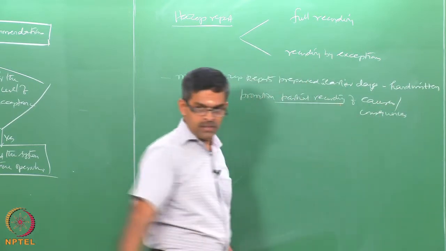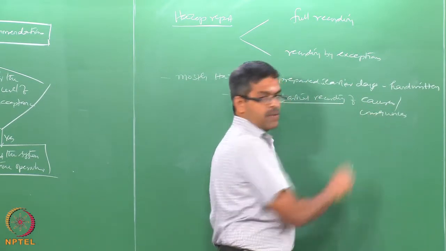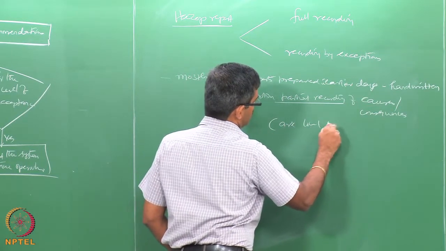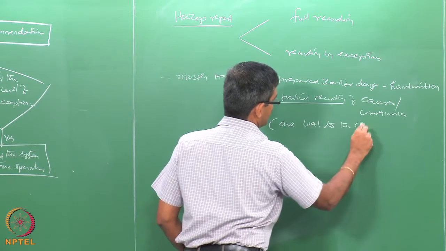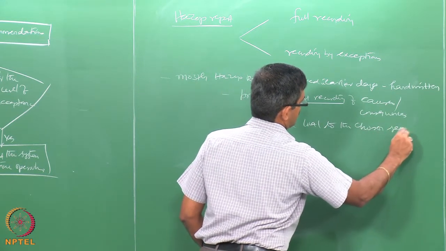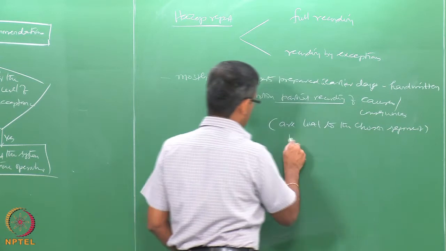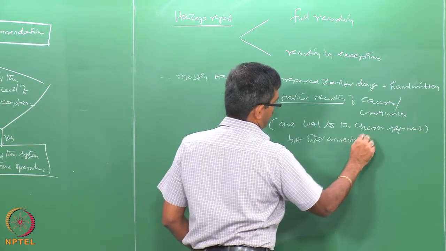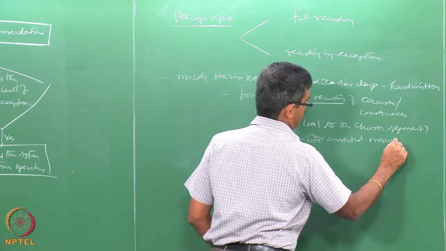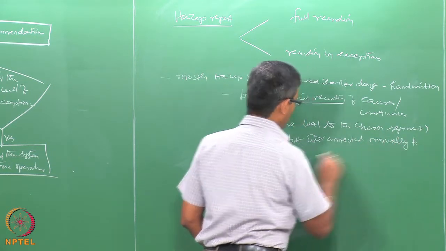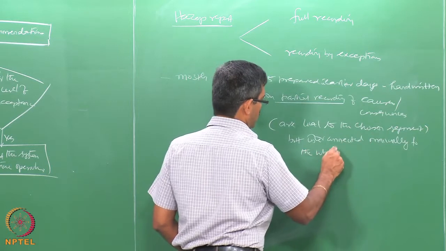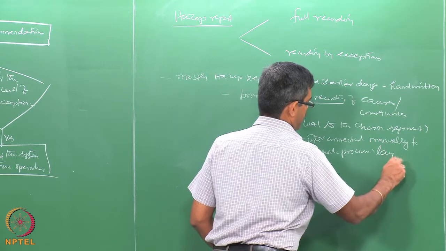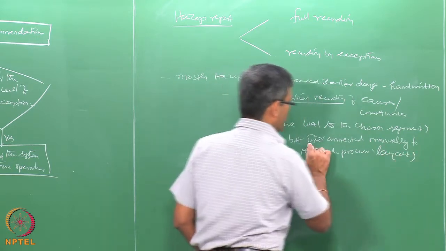Partial recording in the sense the causes and consequences are local to the chosen segment, but interconnected manually to the whole segment or to the whole process layout. So, that is very important.